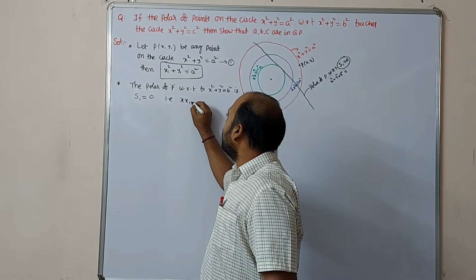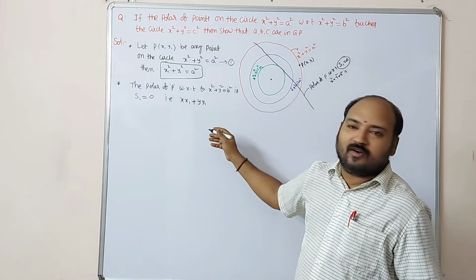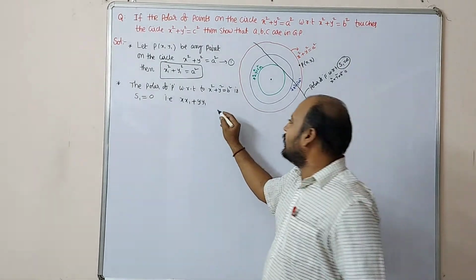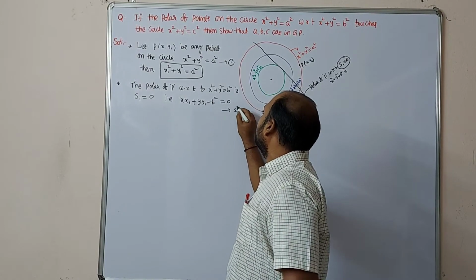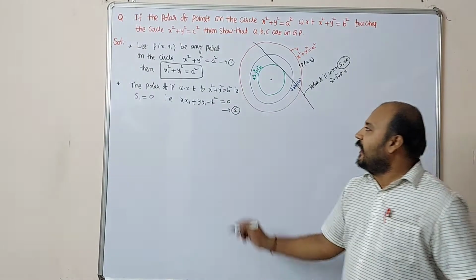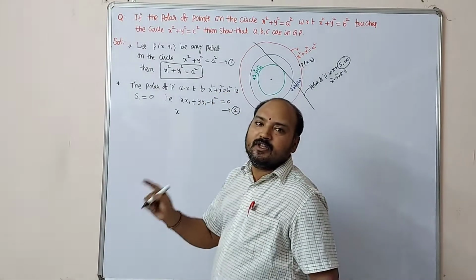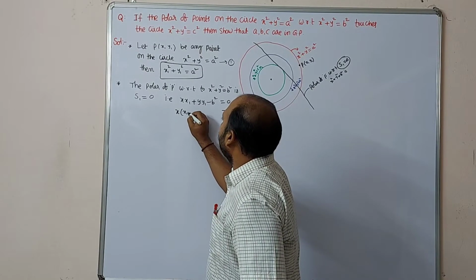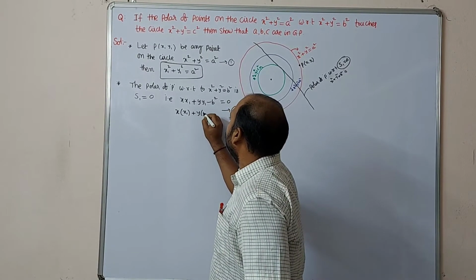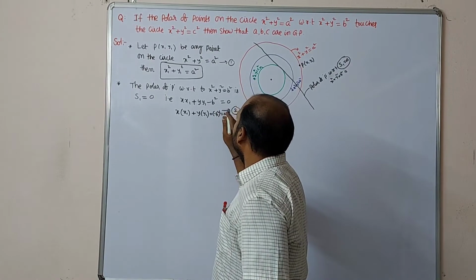So x x1 plus y y1, and the constant g value is not there. So that constant b square we can take to this side, means minus b square equal to 0. Keep it as equation number 2. It is in the form of ax plus by, so x1 into x plus y into y1 minus b square is equal to 0.